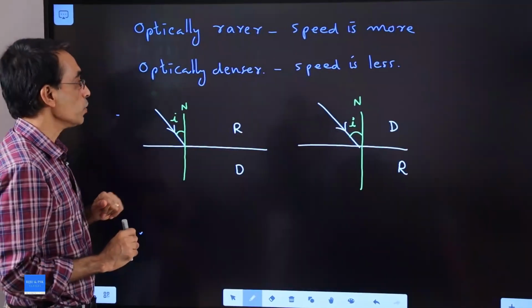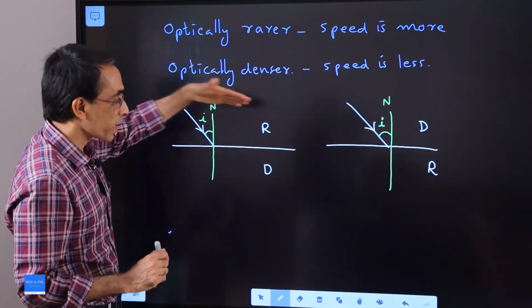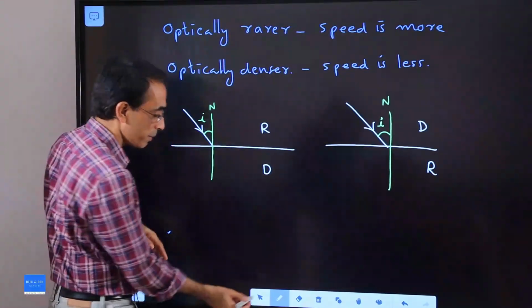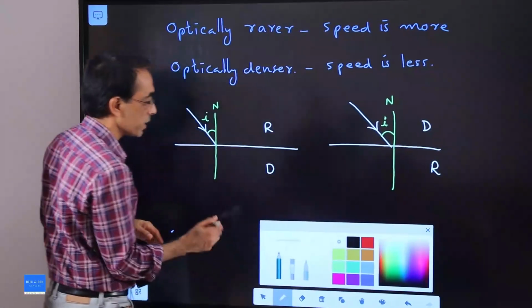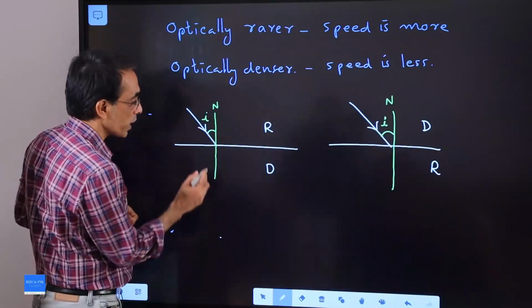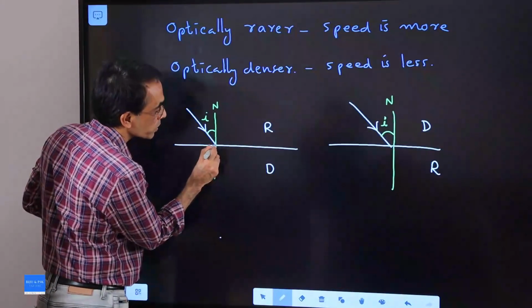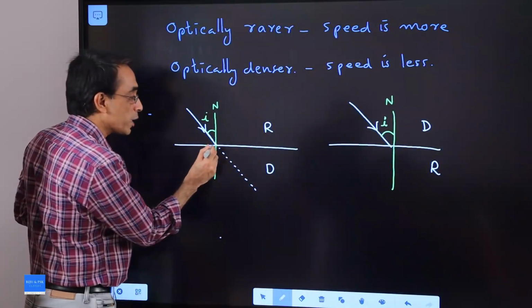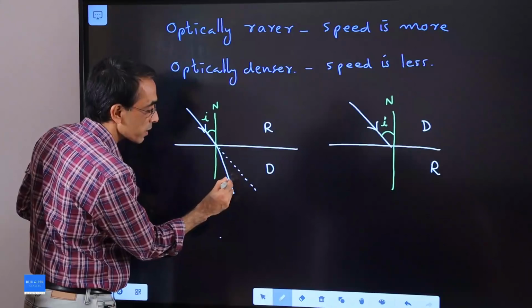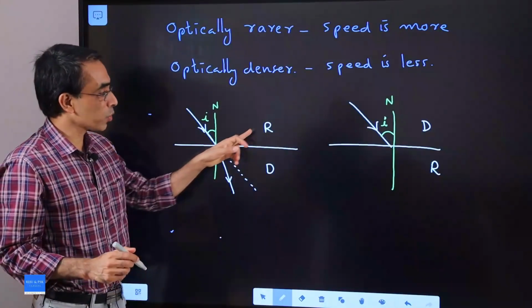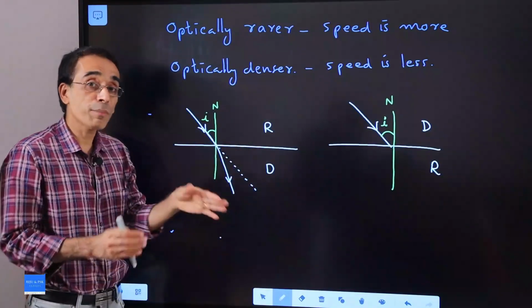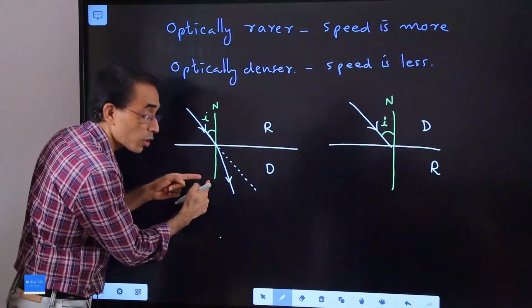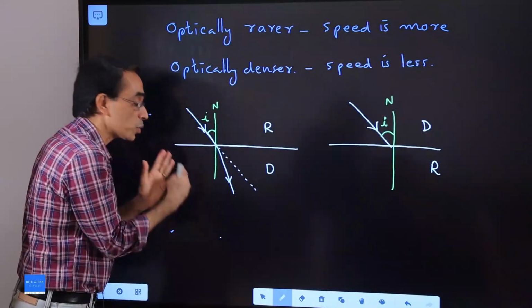Fine. Now, if the light is going from rarer medium to denser medium, it will not go straight like this. Rather, it will bend in this direction. So we will say when light goes from rarer to denser medium, it will bend towards the normal. It is bending nearer to the normal.